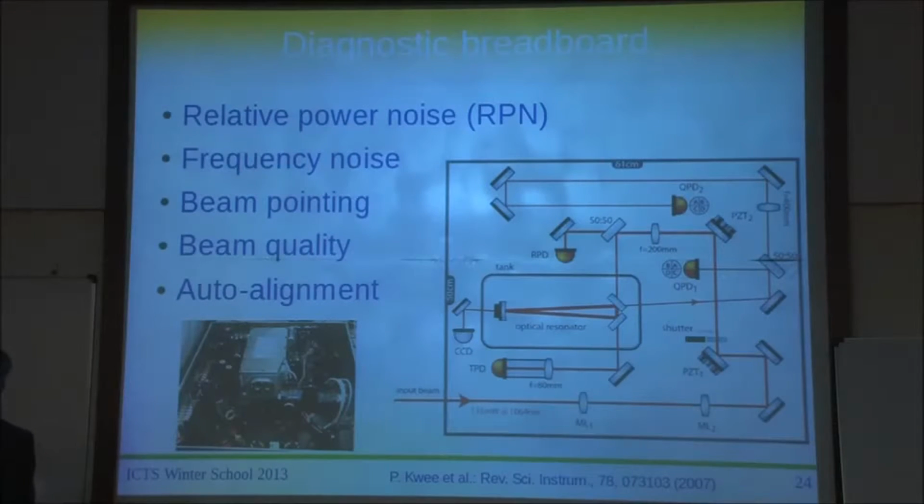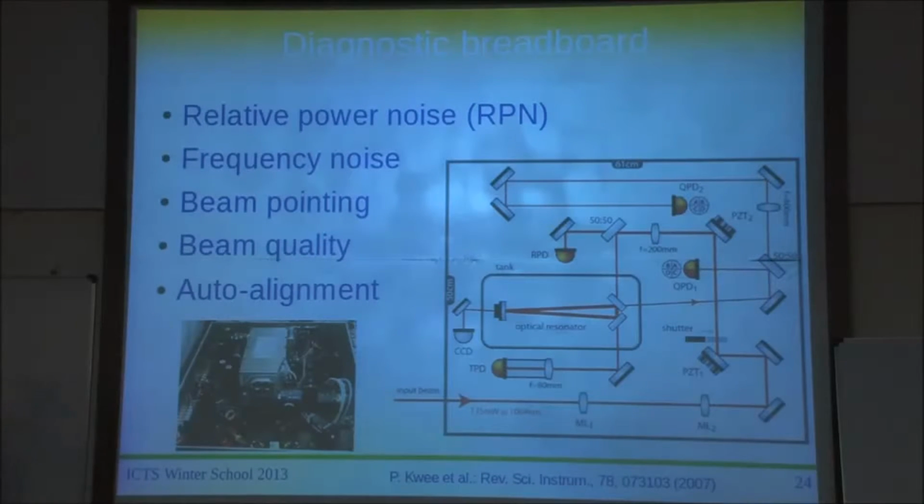That means it can be either scanned over the different eigenmodes, or it can be locked via a feedback loop such that it's really rock stable for a certain mode. Usually that's a fundamental mode. You actually want to know how good the beam is and how much light is reflected here.